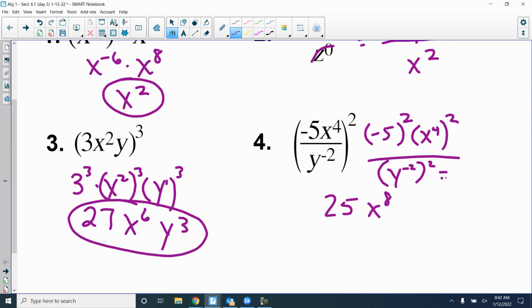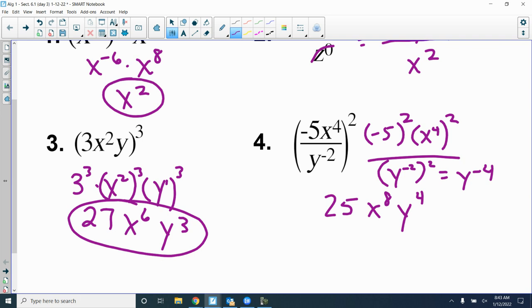Wouldn't it be y to the what? Y to the negative 4? What do I do with that? Where does it need to go? So what do I write? 25x to the 8th, y to the 4th. It has to go up top to lose the negative.